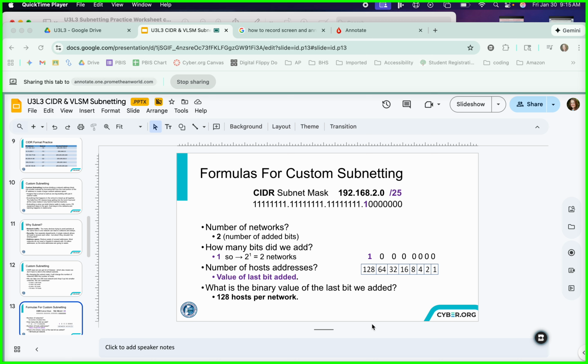Okay, so we covered custom subnetting in the last class, which is the variable length subnet masking.